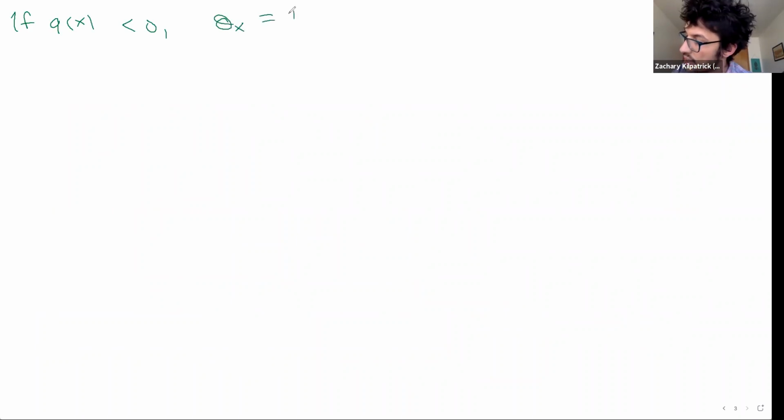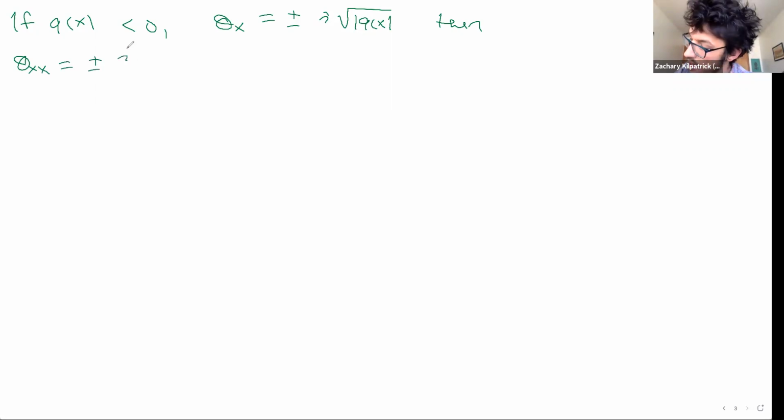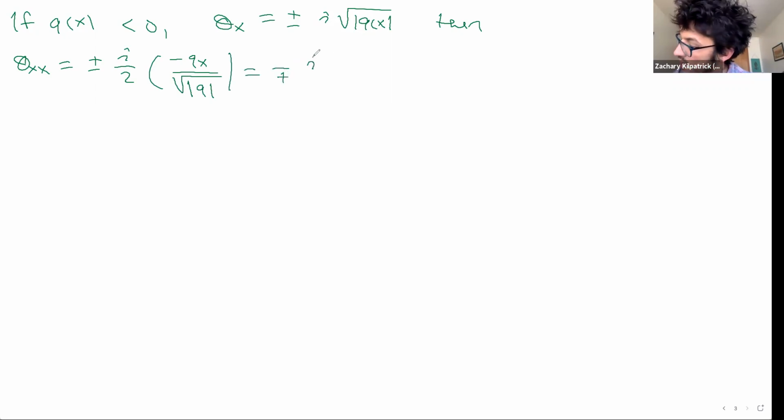Now there's another case, which is that if q of x is less than 0, then as we said before, we're going to have theta x equals plus or minus i times the square root of the absolute value of q of x. Then in this case, theta xx is equal to plus or minus i over 2 times minus q sub x absolute value divided by square root of the absolute value of q, or minus plus or minus or plus i q sub x over 2 square root of absolute value of q.